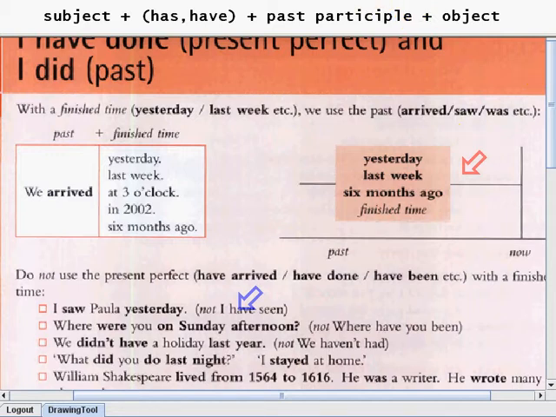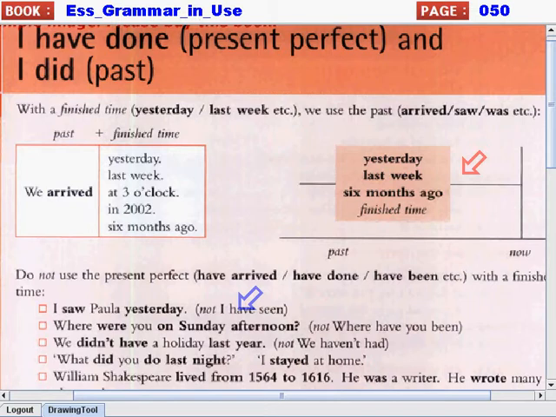While when we talk about past simple, all we have to do is to make our verb in the past form of it. Subject plus the past form of verb plus the object of your sentence. In general, if we say the time or place of the event, we must use the simple past tense.